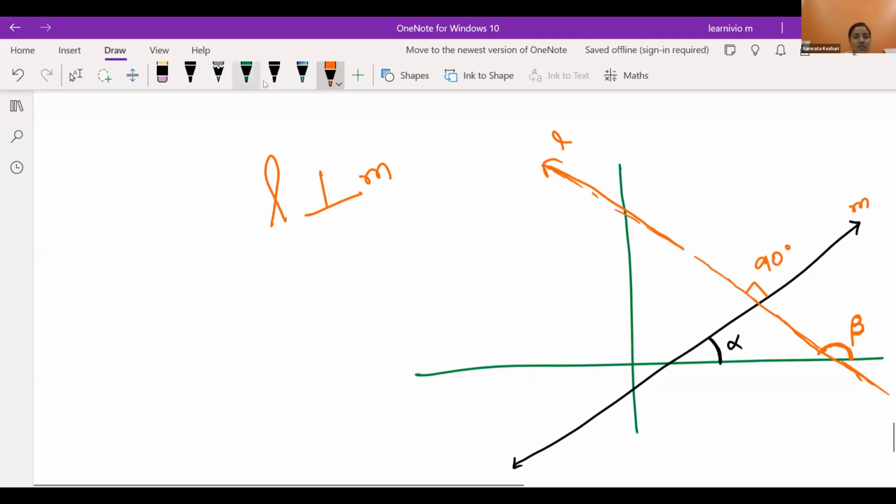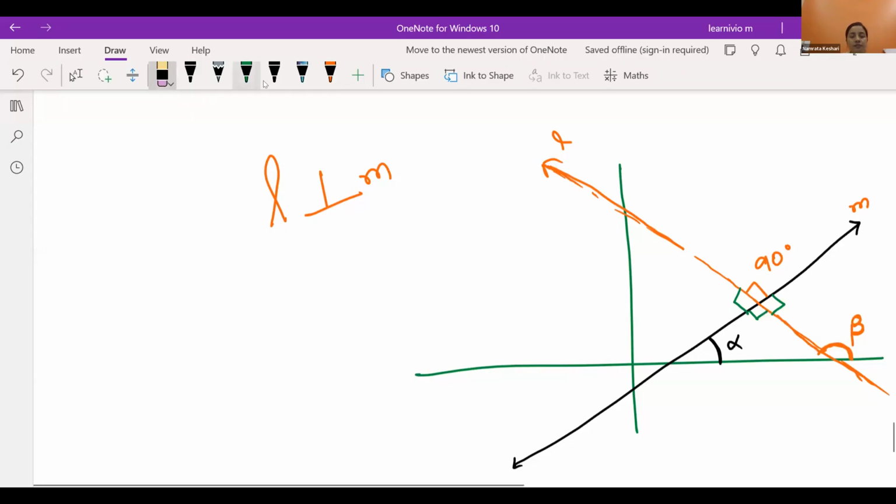Okay, so let's check. Can you see a triangle over here? A triangle, if I'm naming it ABC, can you see triangle ABC over here? Yes, ma'am. Okay, and if I am saying that L is perpendicular to M, that means the angle will be 90. Not only that one, this is also 90, this is also 90, and this is also 90. Yes or no? That's the meaning of perpendicular, right?